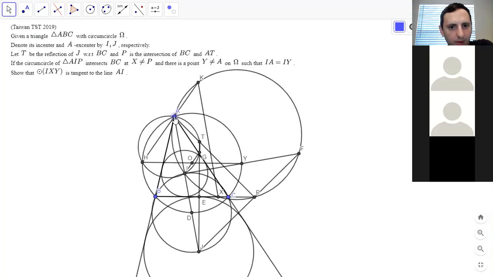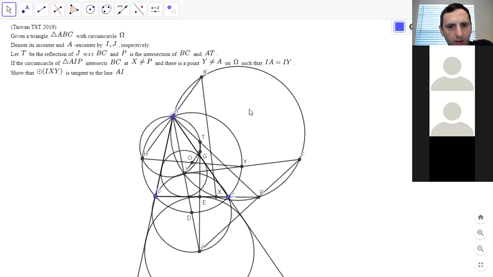Yeah, just want to make sure that these really are collinear. Oh, it doesn't finish it? Okay. Yeah, we don't know that yet.